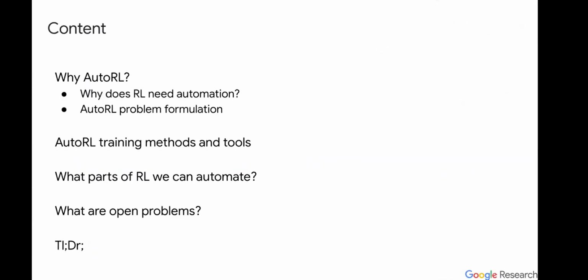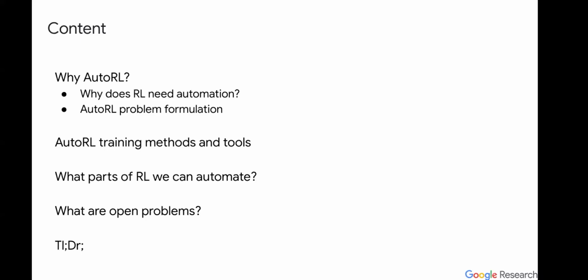So for today, we'll go in roughly 4 sections. First, a very basic introduction to reinforcement learning, and why it is and how it is different from supervised learning. Then introduce AutoRL, what it is, what some taxonomy of the problems is, and what different things we can learn.